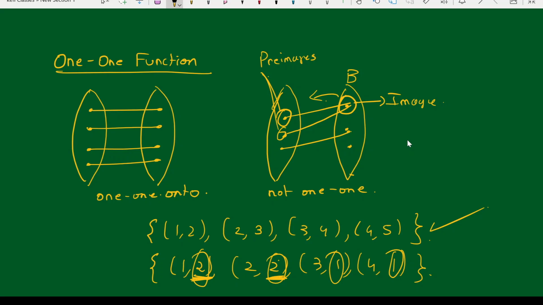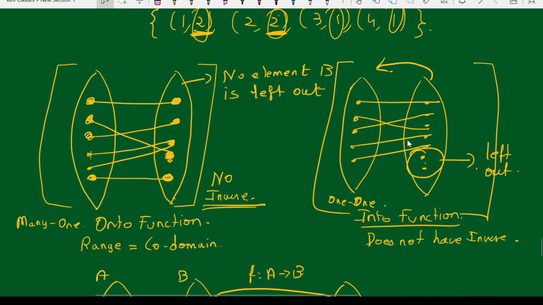So this will have an inverse function. So we recognize that an inverse function exists if and only if the function is 1-1 and onto. Unless the function is 1-1 and onto, the inverse does not exist.